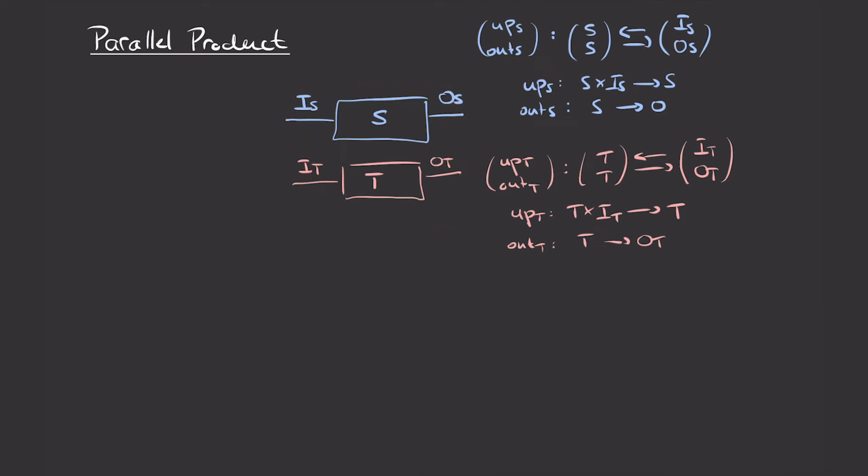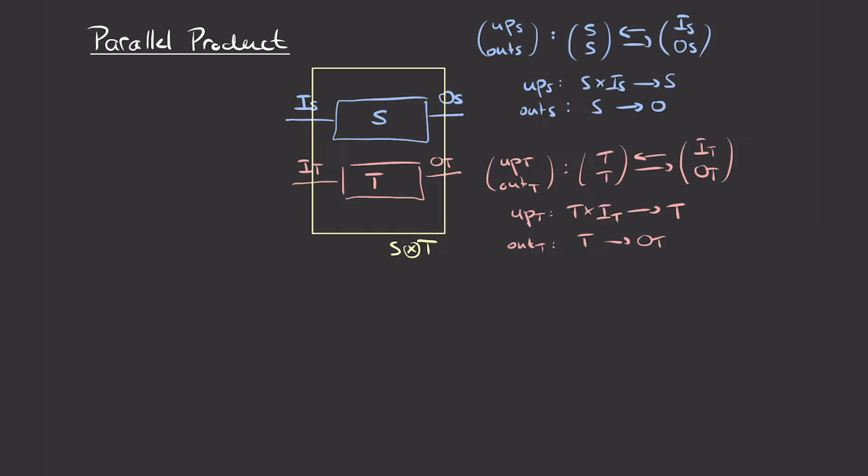So I'm drawing a big box around both of these systems, and I'm thinking of everything in this box as a system where S and T are running in parallel, which I'll denote S tensor T. Somehow in our drawing, this doesn't really make a difference because we're already thinking of S and T being in parallel if we draw them in this way, but in the way we're going to implement them in lenses, it makes a difference, and we have to define what we mean by putting these two lenses here, which represent the corresponding systems, in parallel to get a new lens, which will just be a single object.